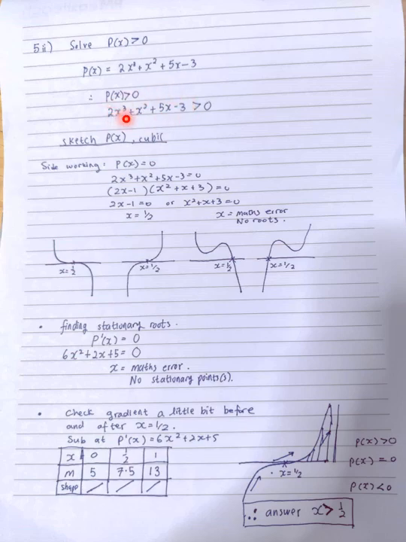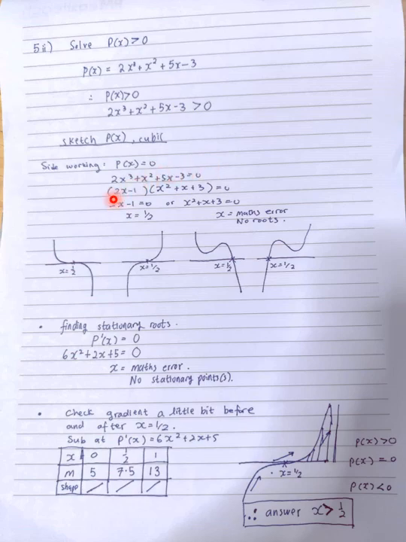You should know the shape of a cubic equation from your Maths D during your O level. So let's try and sketch the cubic graph first. Side working: because we need to equate it to 0, we need to find the roots. So you have this cubic equals 0.